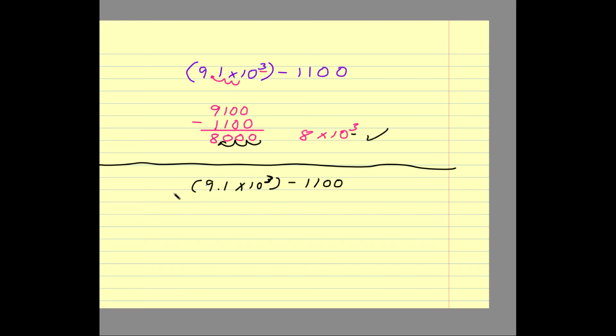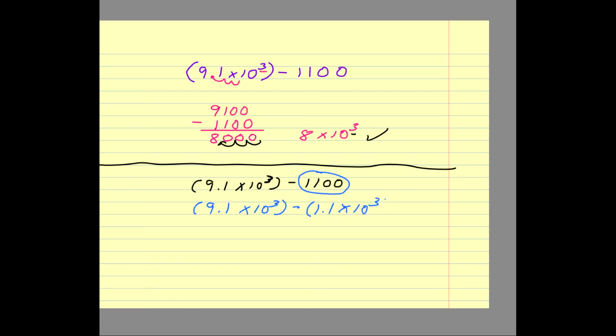What I want to do first is change this number right here to scientific notation. I need that to be in scientific notation. So let's rewrite it: 9.1 times 10 to the third minus 1.1 times 10 to the third. 1, 2, 3.